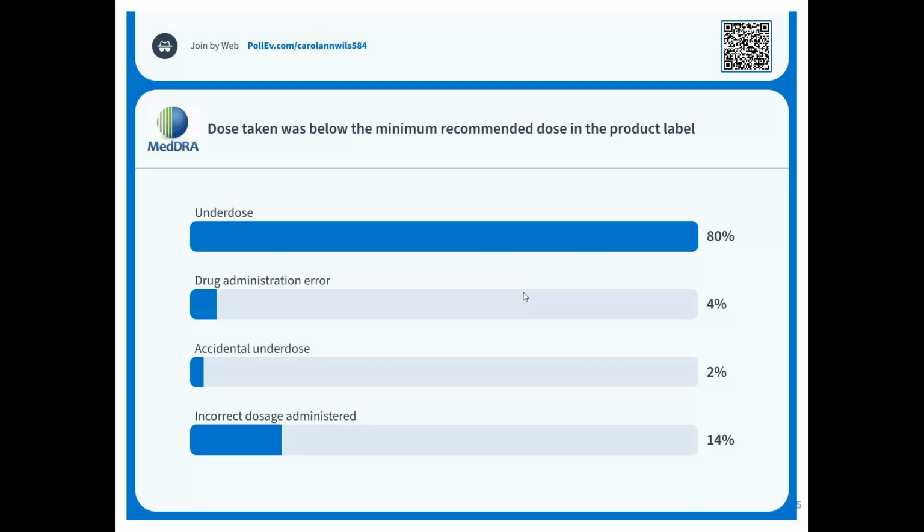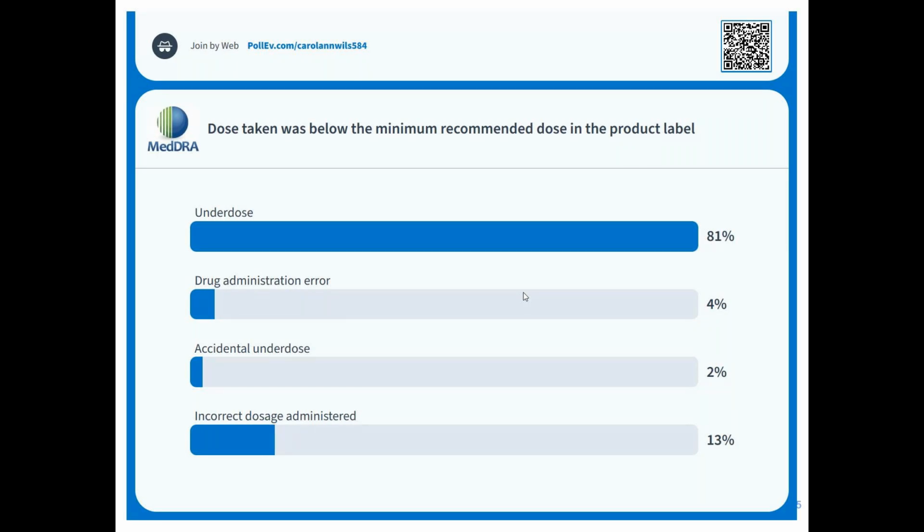Drug administration error would be just too vague. And incorrect dosage administered. Remember, dosage refers not only to the single dose, but also to the schedule and duration of drug administration. So it's a combination term. Here it's just the dose that is mentioned.